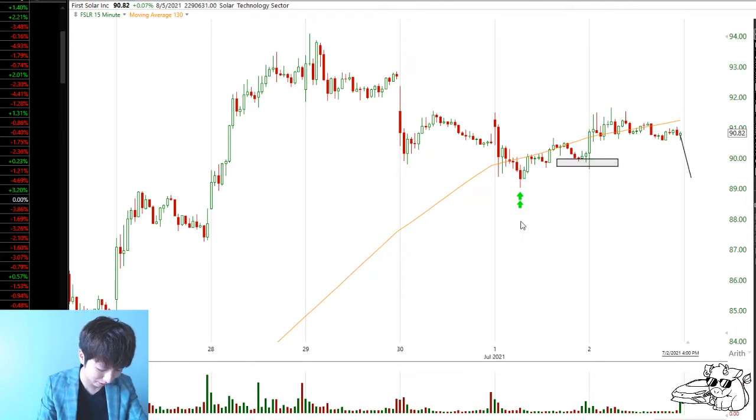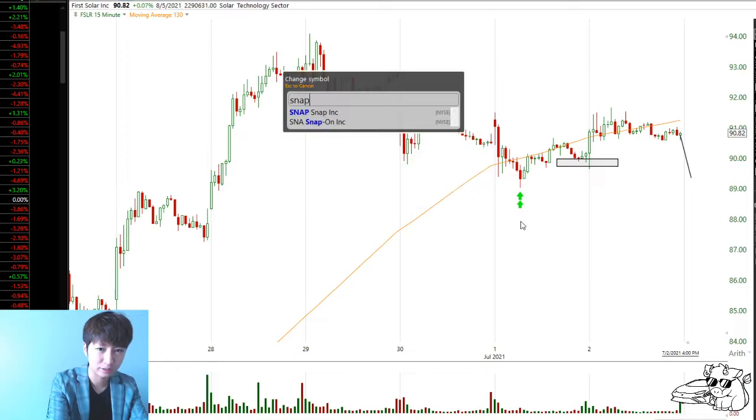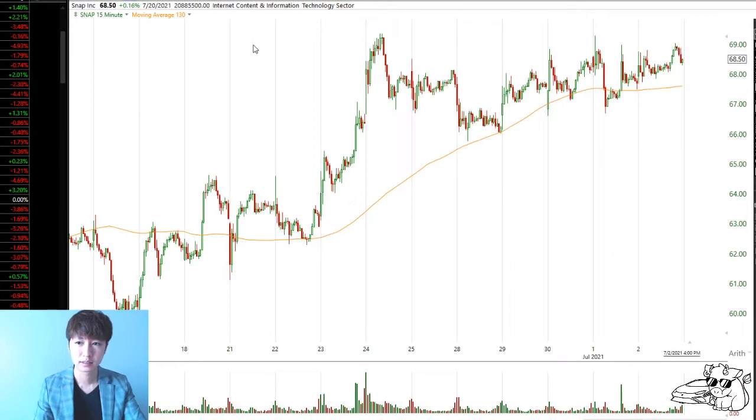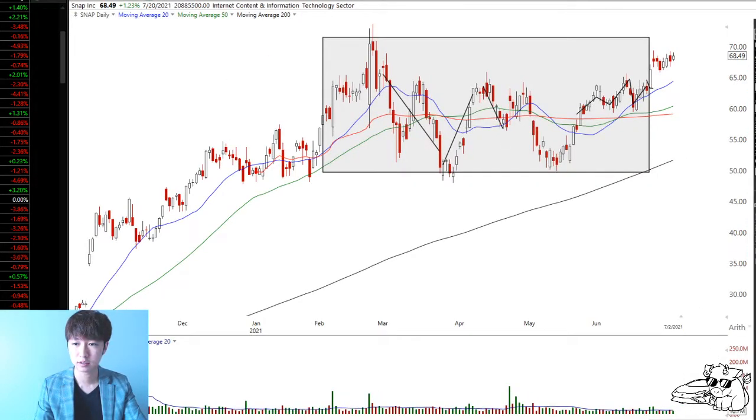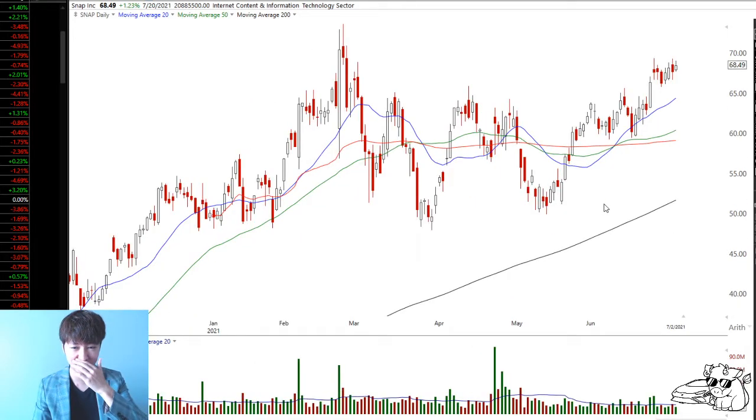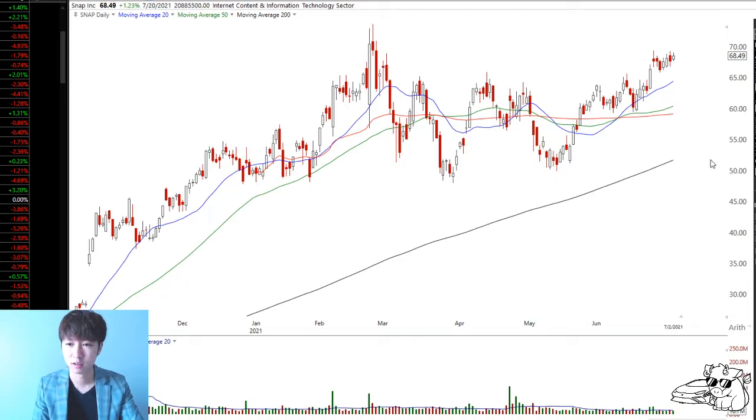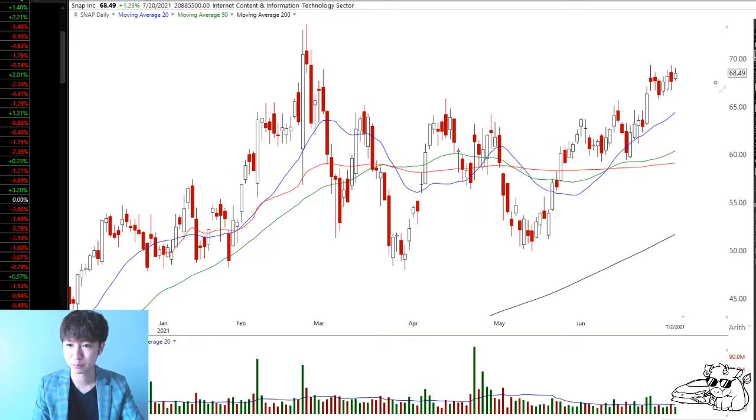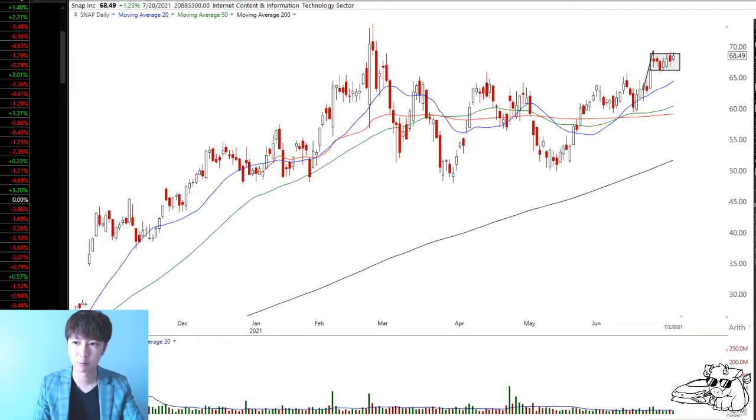And the next one we got is Snapchat. Let's take a look at Snapchat. Like I said, if you guys follow my Twitter, you know I'm stalking this one, right? Snapchat made a pretty big move lately, and then it's consolidating through time and a little bit of pullback, which I do like. And we're really close to breaking the all-time high with the rising 20-day moving average aggressively, and the 50-day moving average.